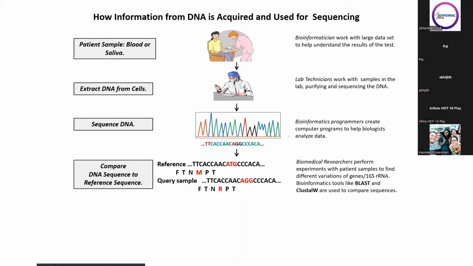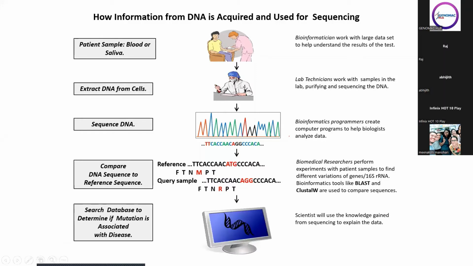So the general information about sequencing, whether you are talking about a patient or other samples, is just to collect the sample, extract the DNA, sequence the DNA, and compare the sequencing. The bioinformatician can help with the large data set, because the human body has 10 to the power 13 cells, and they have different information.